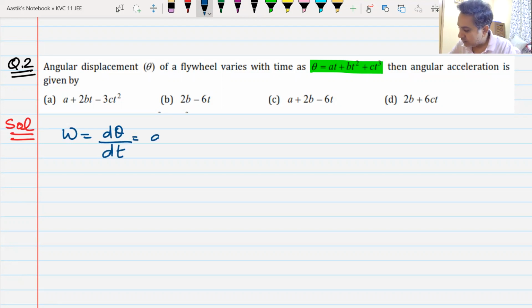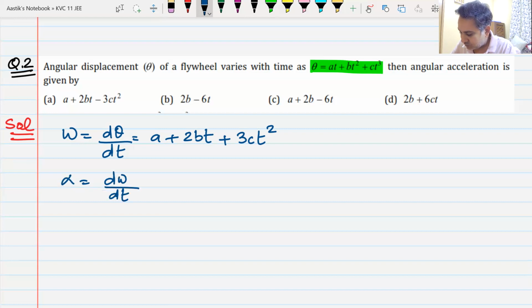So you get A plus 2Bt plus 3Ct square. Then you have to find angular acceleration. You have to differentiate it once more. 2B plus 6Ct, and that is your answer. Everyone understand this? Yes or no? Okay.